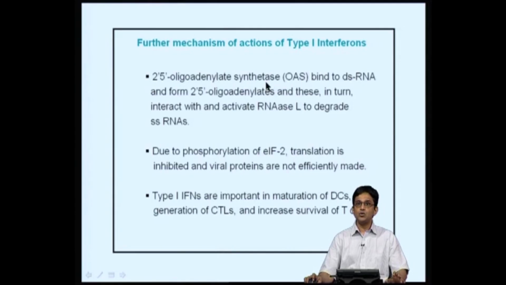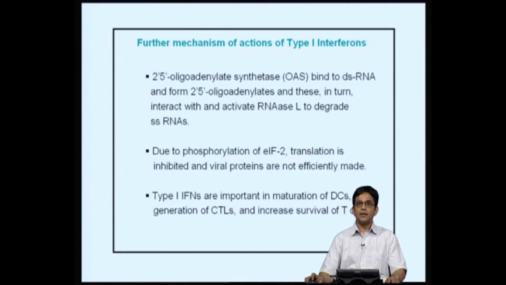What this does, it binds to double stranded RNA and forms these 2,5-oligoadenylates, and as a result of this, it in turn activates RNase L, which degrades single stranded RNA, and as you will remember, these are important during production of viruses and often also for replication and transcription of viruses. So, this is one way by which it acts in an antiviral manner.